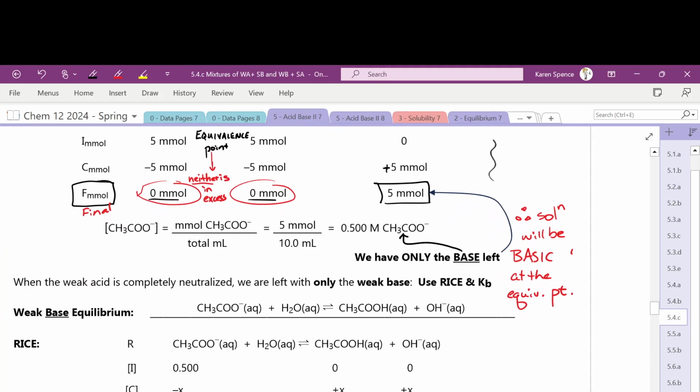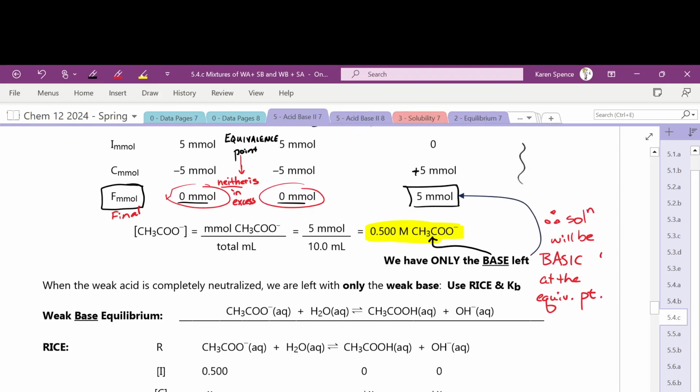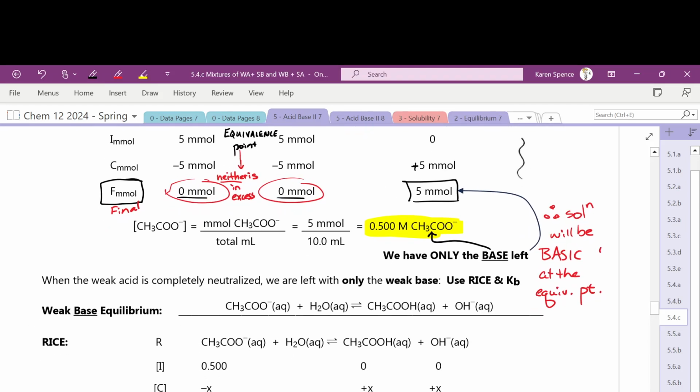So what we've got then is our 0.5 molar CH3COO minus, and that is the only thing that we have. And so we can do a weak base equilibrium because this is a base.